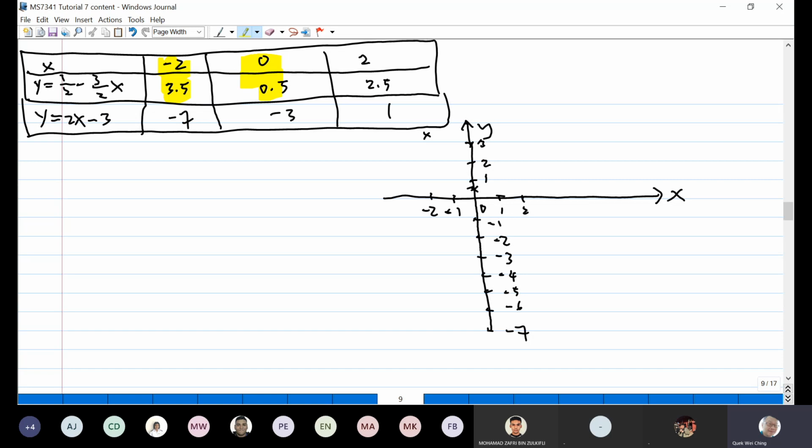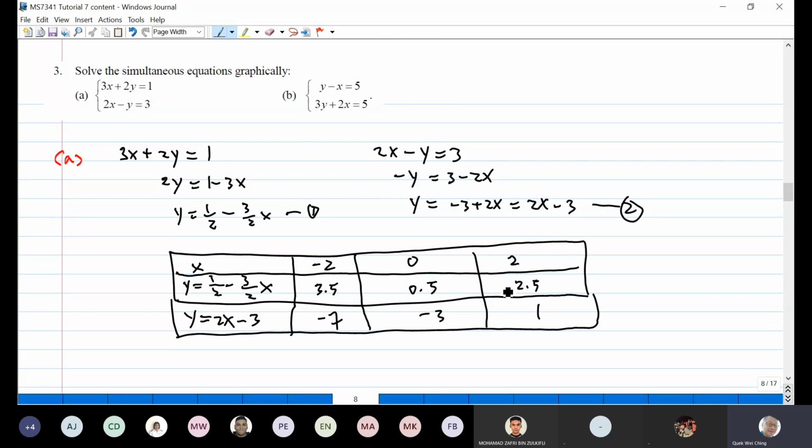And then 2 and 2.5. Did I make a mistake here somewhere? I think I made a mistake. This is not 2.5, it's minus 2.5. I need to note the mistake down. When x equal to 2, half minus 3 is minus 2.5.